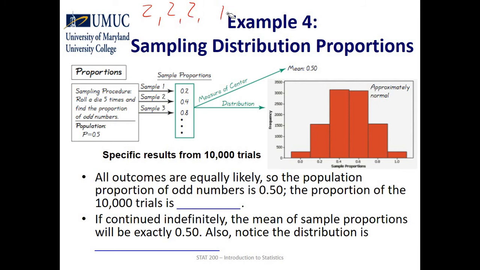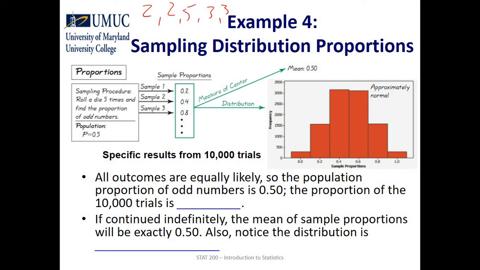Okay, now what if we roll 3 2s and then 3 3s? Now we have 2 out of 5, which is 0.4, which is over here, right? So I hope you're understanding how we're getting these proportions.